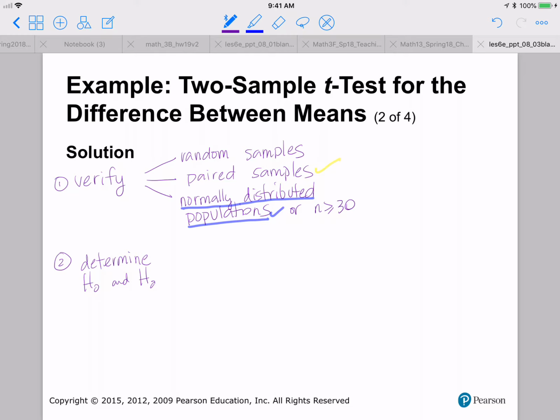So be careful if you are looking at videos online, because they might be following a different procedure. They might have different rules that govern how they set up their null and alternative hypotheses, right? So some schools of thought say you always set your H0 is that the difference is equal to 0. For us, that's not how we do it. So let's go ahead and go through how we do it.